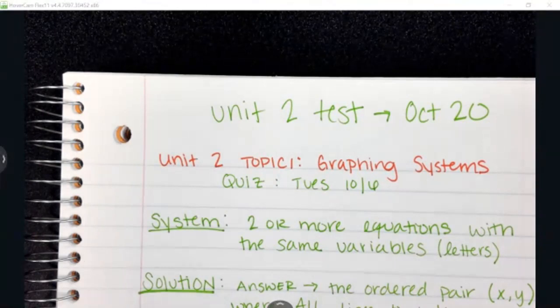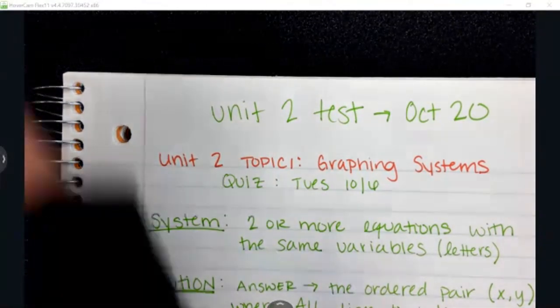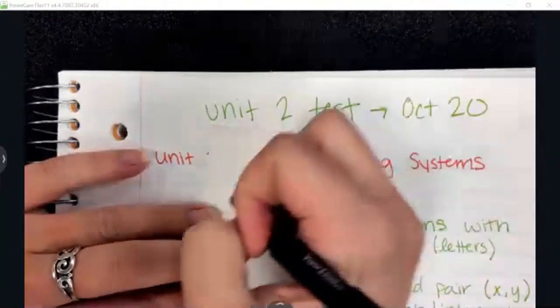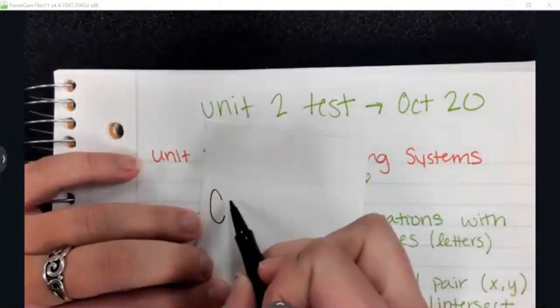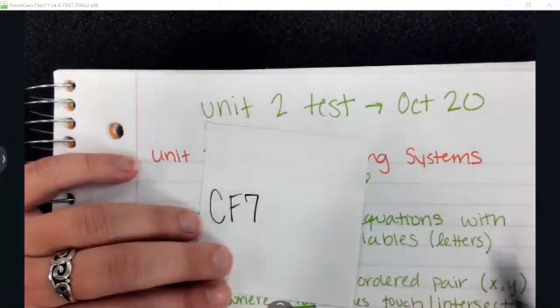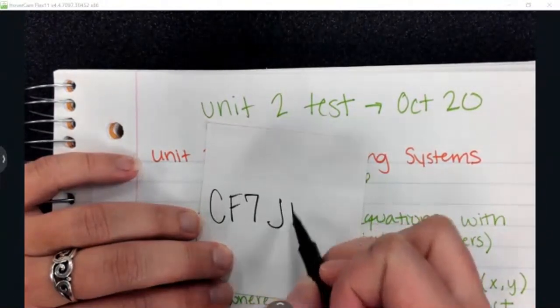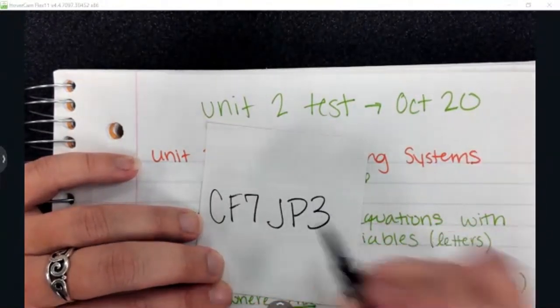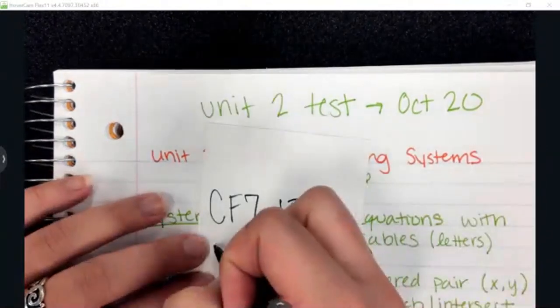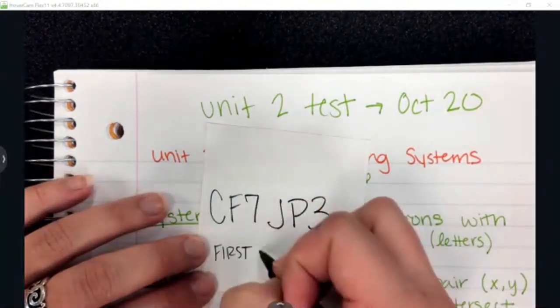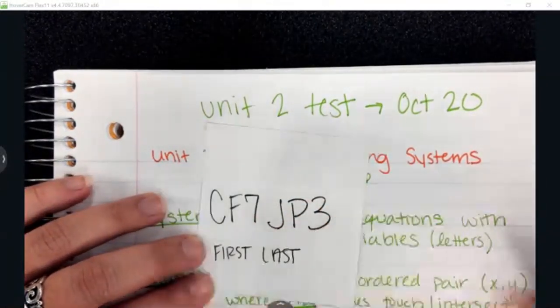So topics 1, 2, and 3 will be in this same thing, okay? So my 6th period class kick code is CF7JP3. And you have to use a first and last name.